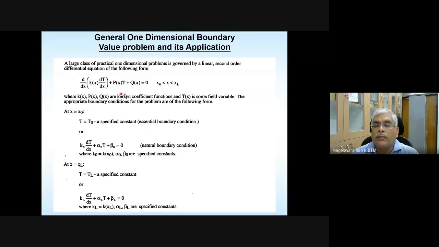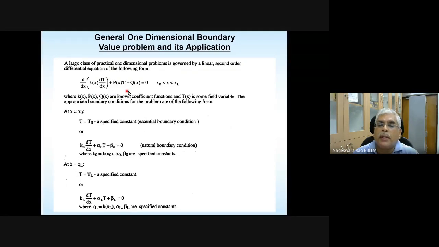So if you have taken note of this governing differential equation, given any specific problem, our job is to identify what these coefficients k(x), p(x), q(x) are. In some of the applications, some of these quantities may be zero.